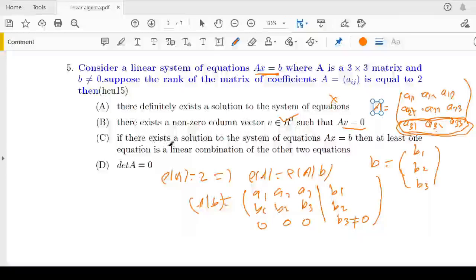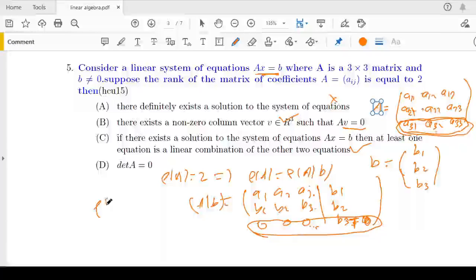If B3 equals 0, the solution exists. Therefore, the third row must be equal to 0, which means this equation is a linear combination of these two equations. Therefore, this is the right answer.